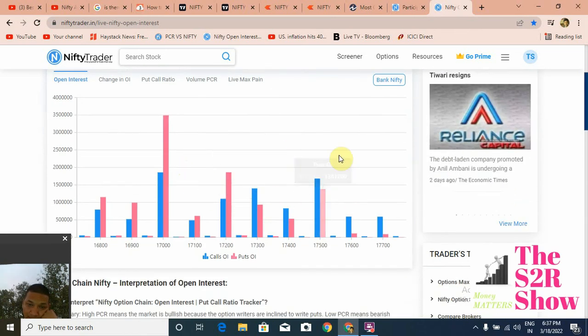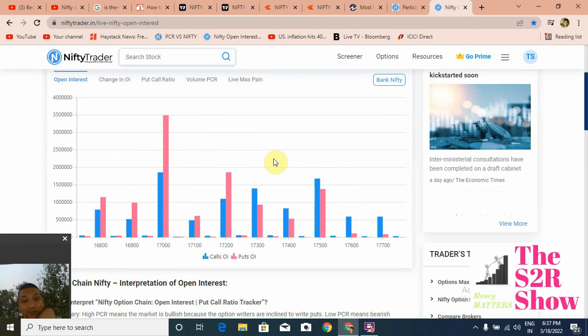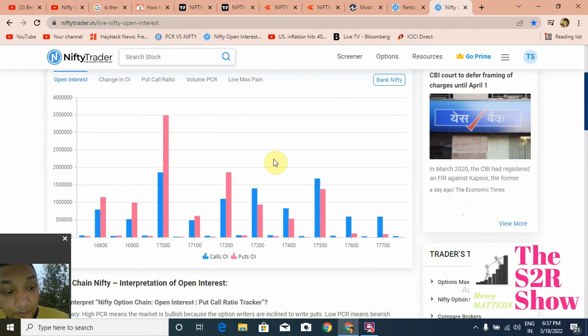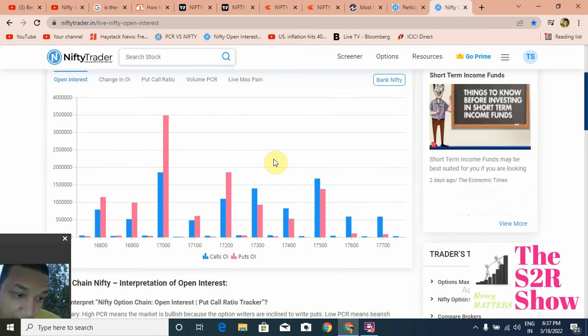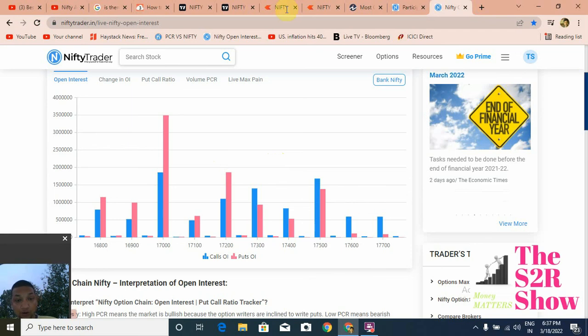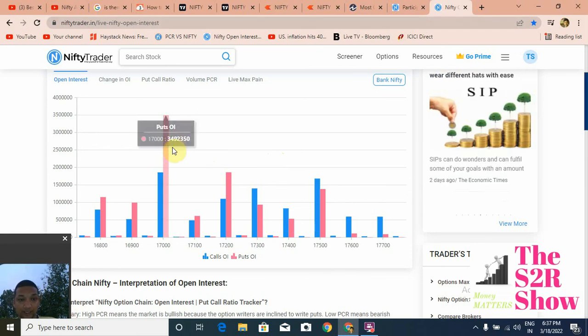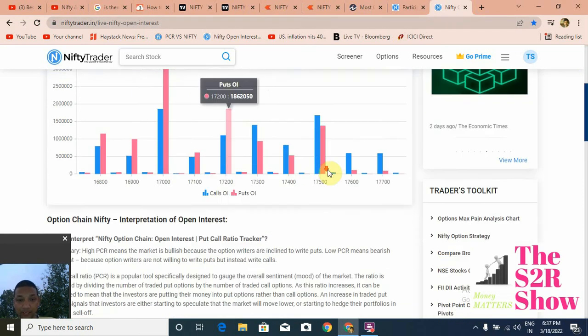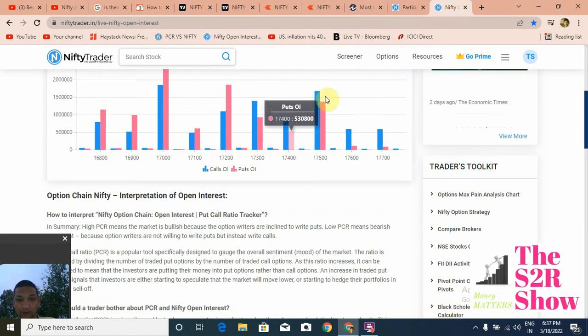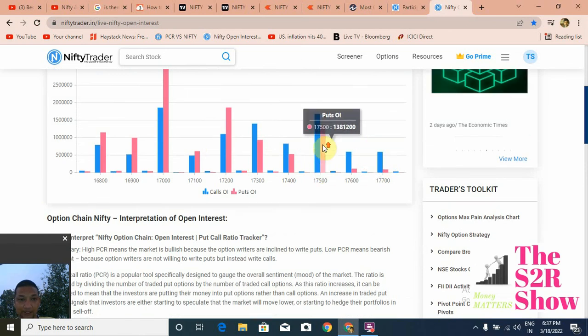So call writing is not high because it shows that the strong person or the person with the heaviest capital is not short on call. They put shorts at 17,000. No heavy call writing till 17,700.